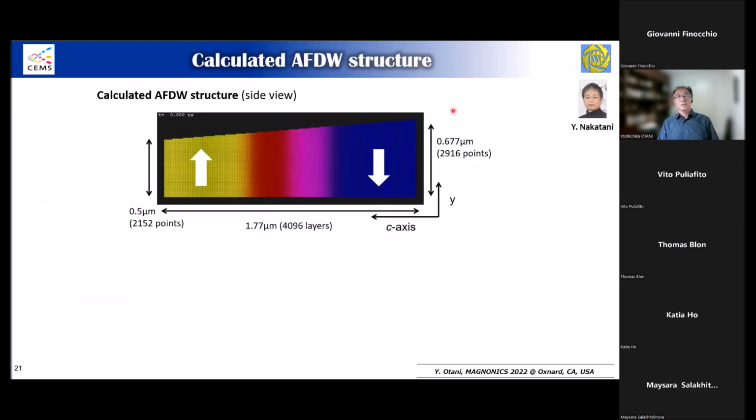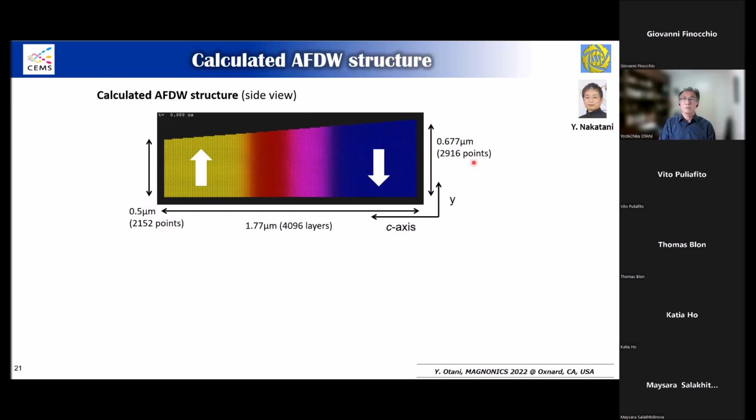Then we started to do numerical calculations to visualize and understand the domain wall configuration by setting up this type of wedge structure. This one naturally drives the domain wall in one direction, so that the domain wall is right perpendicular to the length. This is a cross-sectional view.